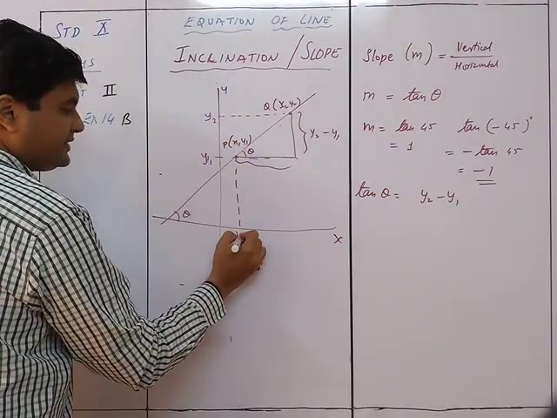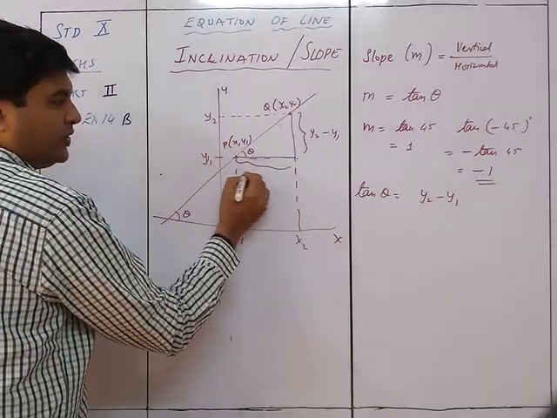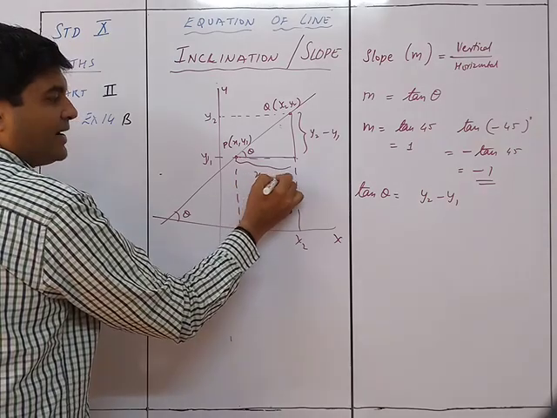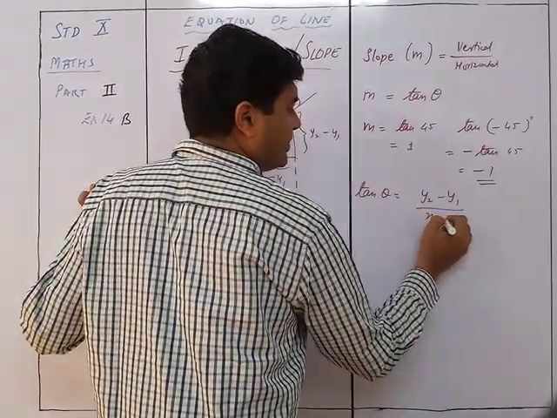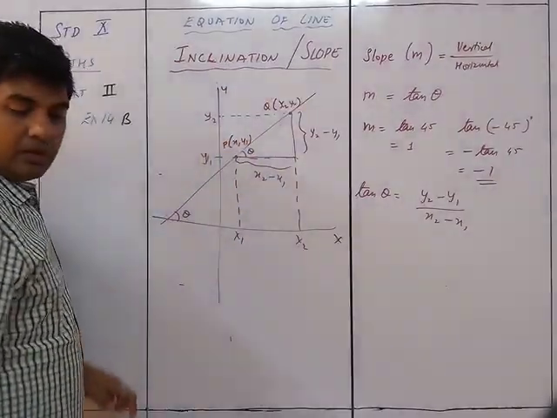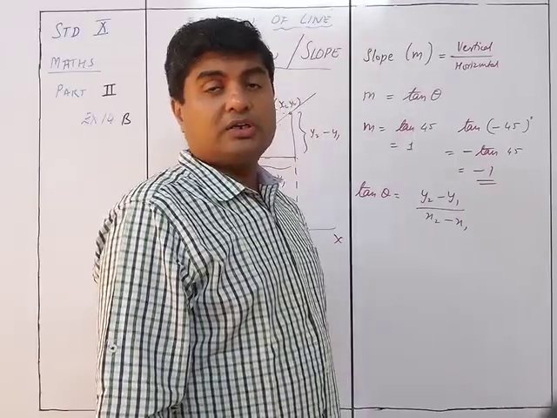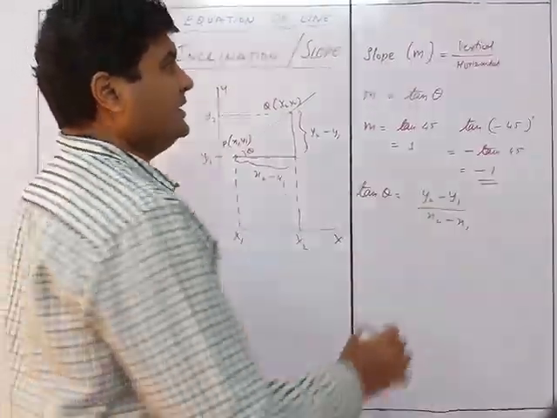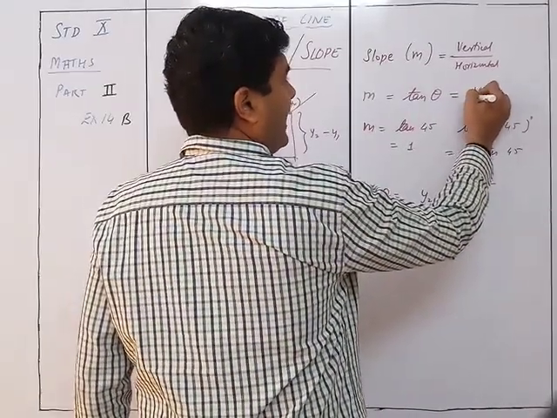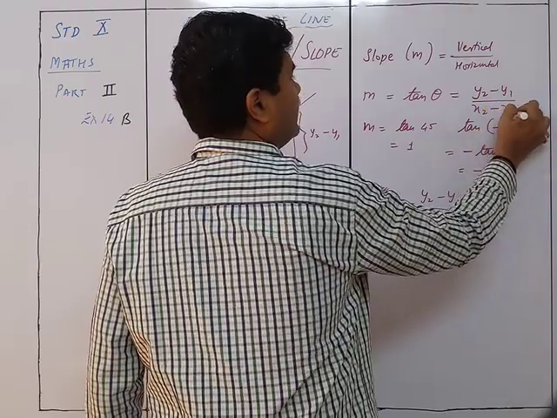This part over here is x1. This part over here is x2. So the distance between these 2 points is nothing but x2 minus x1. So that is upon x2 minus x1. This gives us the formula for the slope: slope is equal to tan theta is equal to y2 minus y1 upon x2 minus x1.